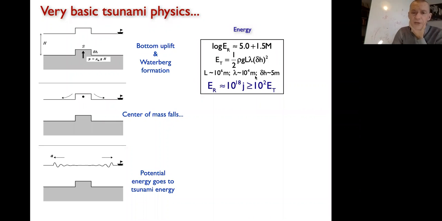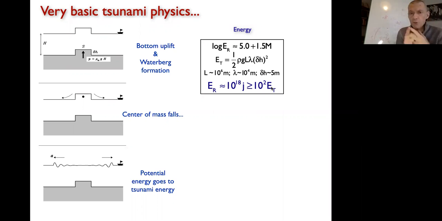If you put the numbers related to a magnitude 9, what you get immediately is that the total energy involved, remember also the seismic efficiency, is much larger than, at least 2 orders of magnitude, the energy that can be converted in gravity waves.